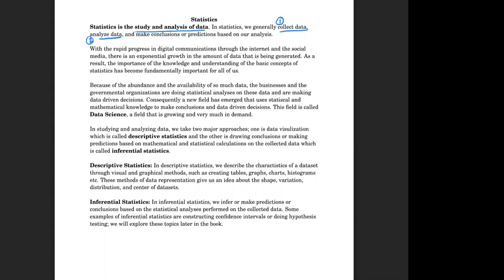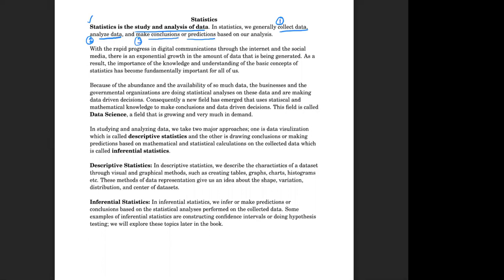Based on your analysis in step three, you make either conclusions or predictions. So this is the broader strategy that you follow. You collect data, you analyze data, and based on your analysis, you make conclusions or predictions. And statistics is the study and analysis of data.